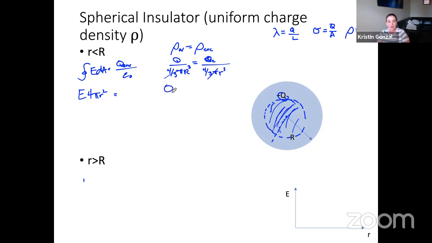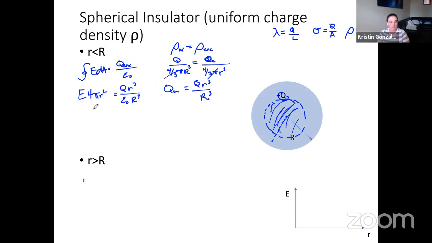And so my Q enclosed is just going to be equal to the total charge Q times my little r cubed over big R cubed. And so that's what I'm plugging in for my Q enclosed here. So I get big Q times little r cubed over, I still have my epsilon naught, times big R cubed.